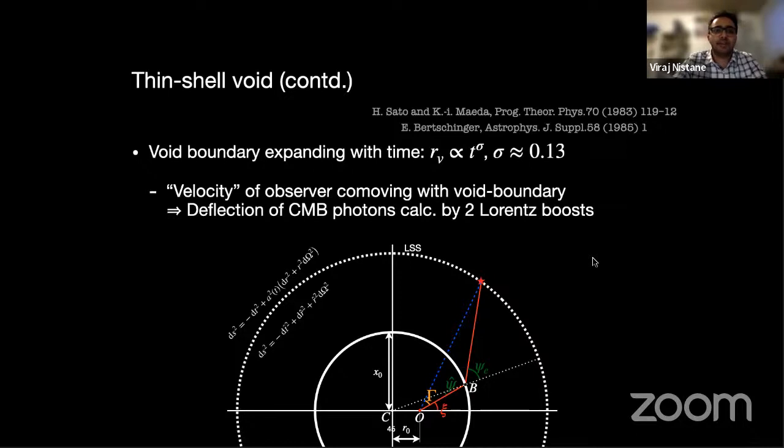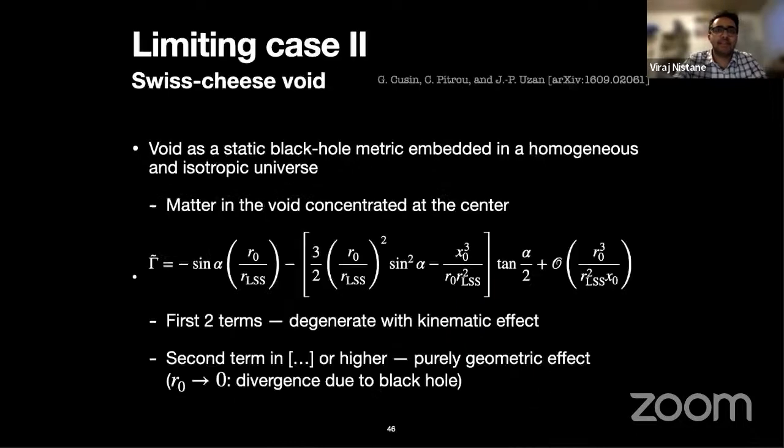The next one and the final case is the second limiting case, which is the Swiss cheese void, which has been extensively studied in, again, the same reference as earlier, Quartin et al. And here the idea is that the void is described by a static black hole metric, the Schwarzschild metric, embedded in a homogeneous and isotropic universe.